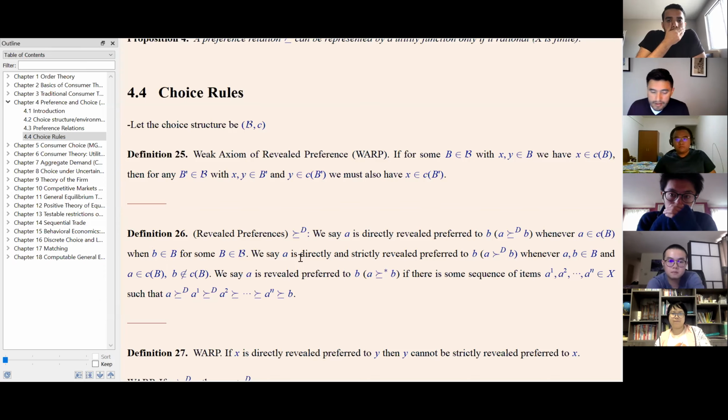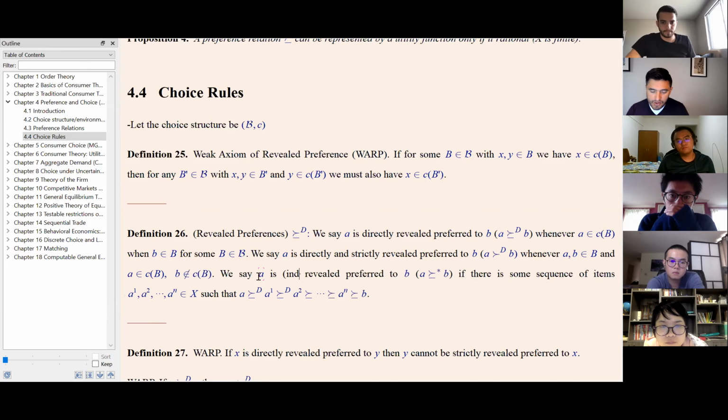And the final one is indirect revealed preferences. So we never say indirect because it's kind of redundant, right? I'm going to put it in parentheses.